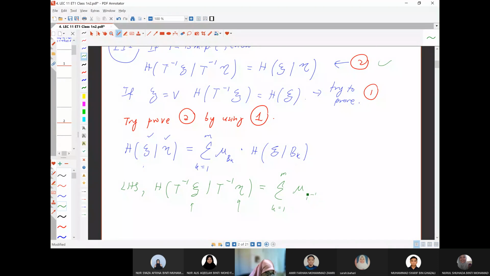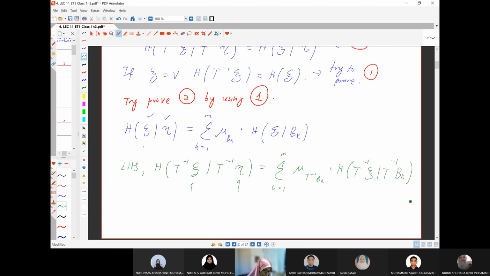So inverse of the element in the second partition, B_k, yes. Multiplied with the entropy of inverse of psi, given that inverse of element of the partition eta.